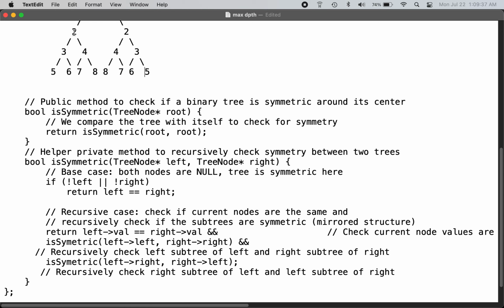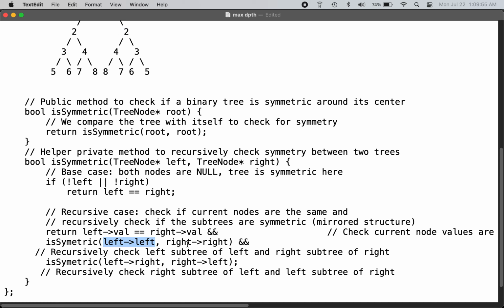So for these 2, left dot left is the 3 5 6 tree, and this one is the 3 6 5 tree, right dot right. That's what you are checking here.